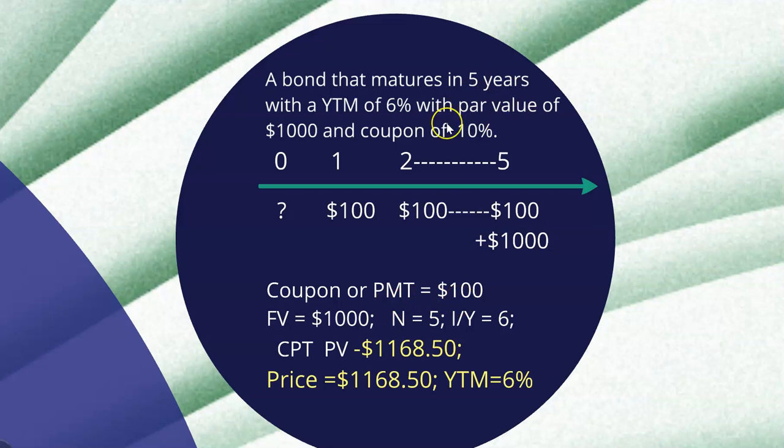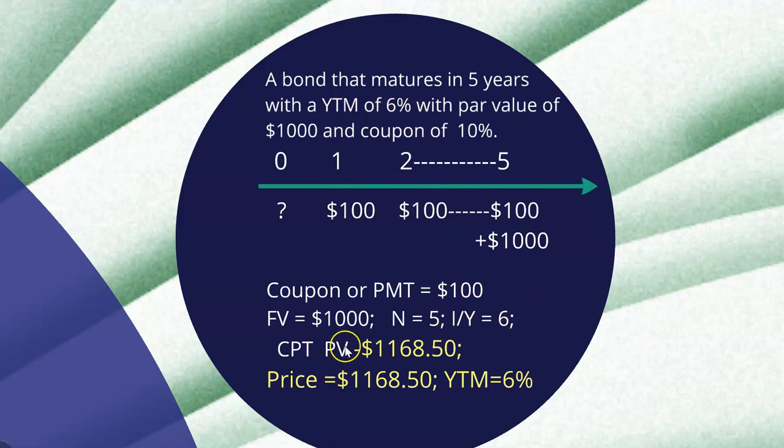Your par value or face value is nothing but your future value because it comes in the last year, year 5, as $1,000. Your N is 5. Your YTM or I/Y is 6.